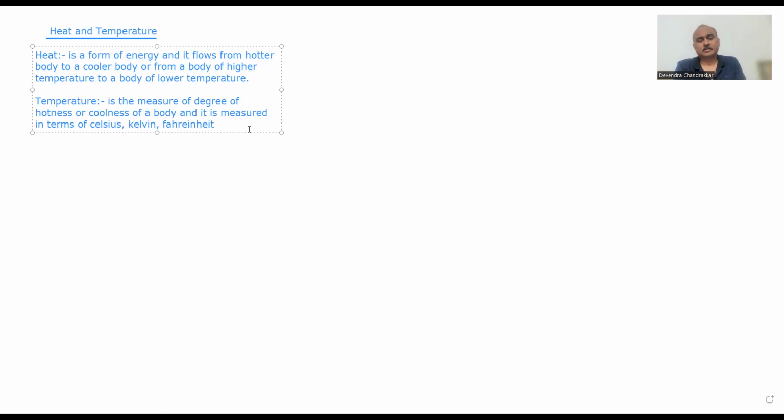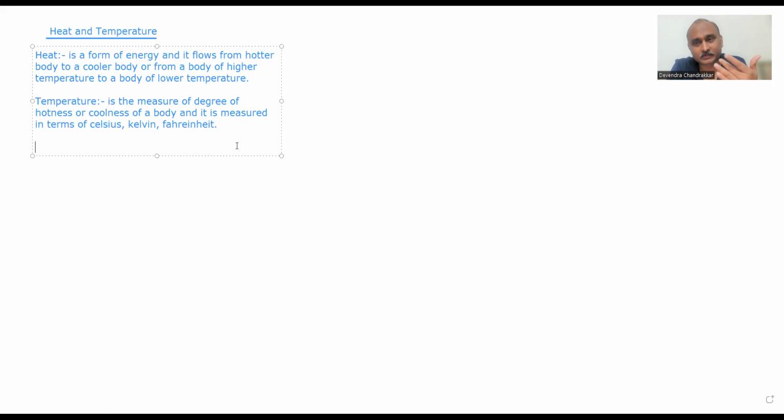So the question arises, how is this temperature measured? Anybody? How do we measure the temperature? So by measuring scales. Celsius, Fahrenheit, Kelvin. What do we measure?